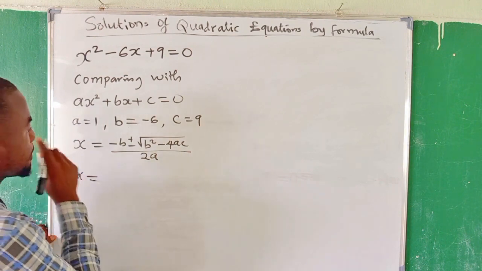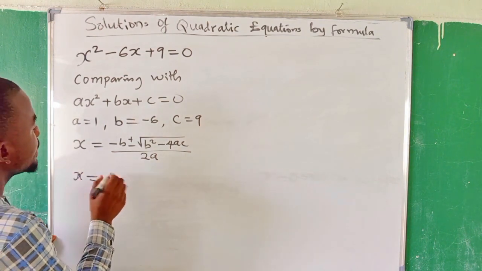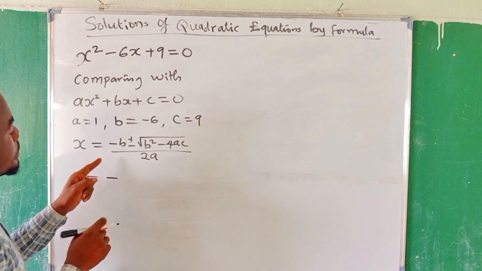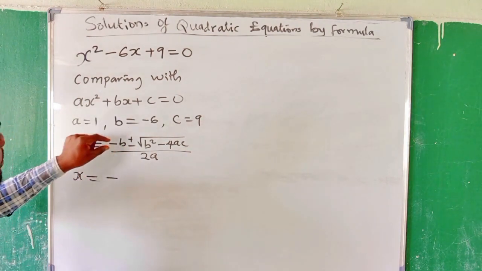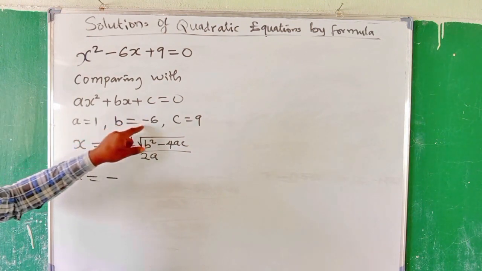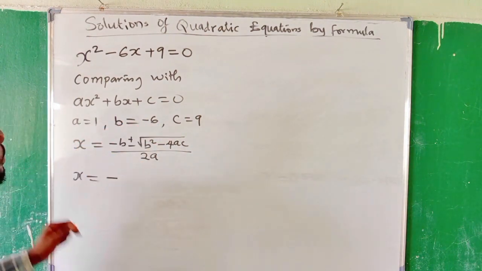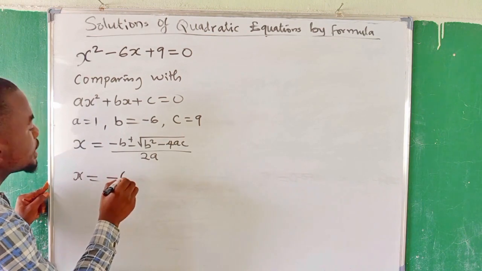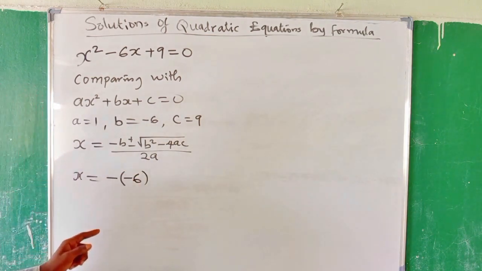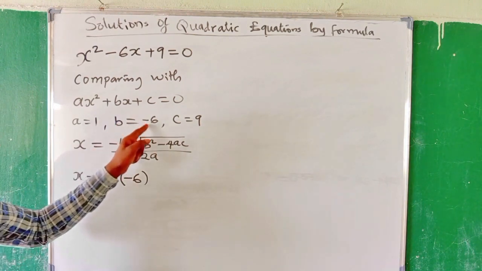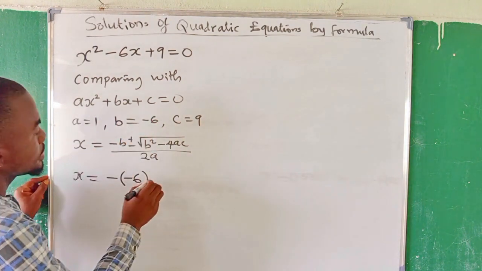Now substituting, we have x is equal to minus. Now this is a point where a lot of students make mistakes. There is a minus here and b itself has a minus. So do not forget to put both of the minus. Minus minus 6 in bracket.